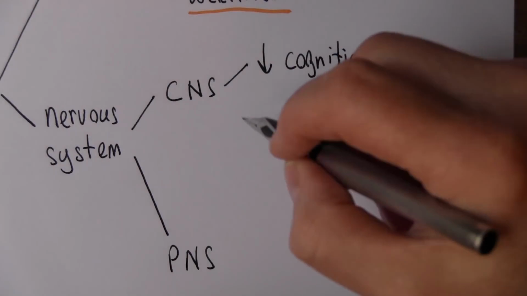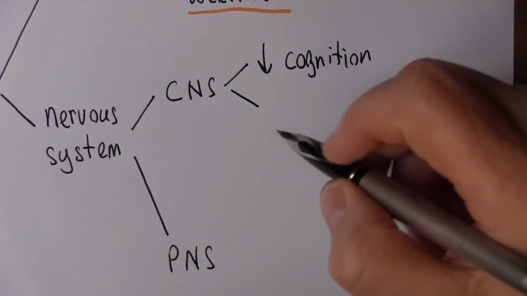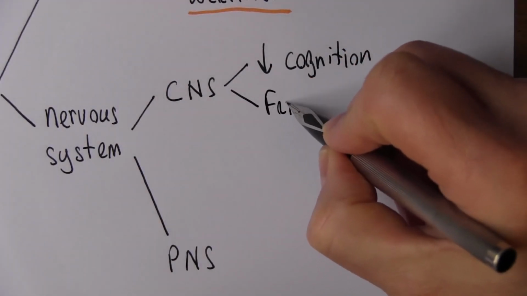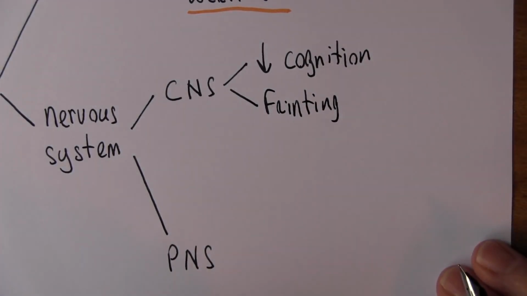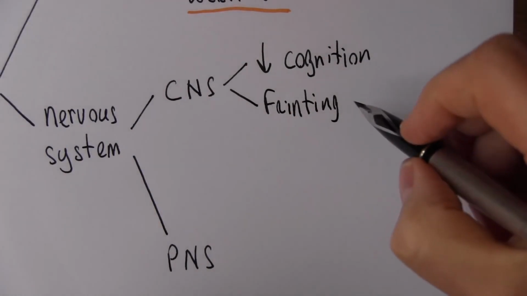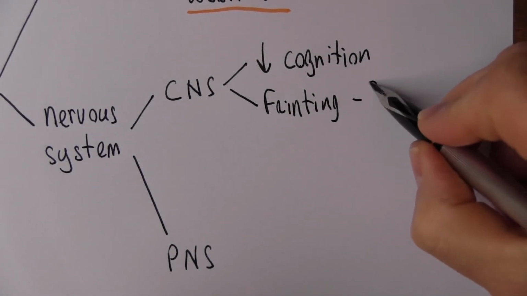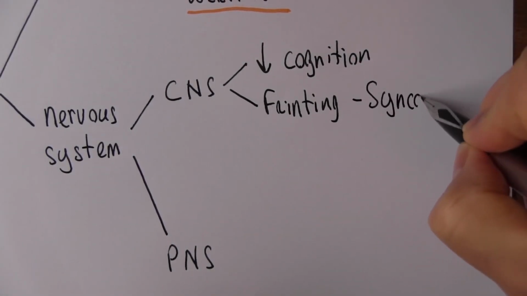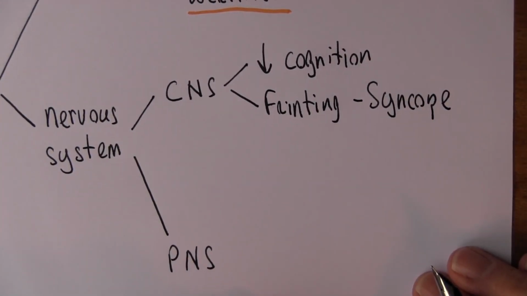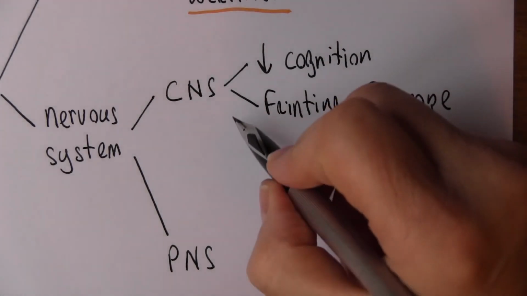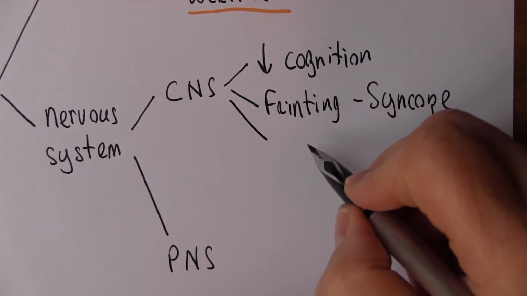And because there's not enough oxygen getting to the brain, that can lead to fainting. The patient feels faint and can pass out. The correct word for that is syncope. Fainting. Again, short of fainting, there can be dizziness.